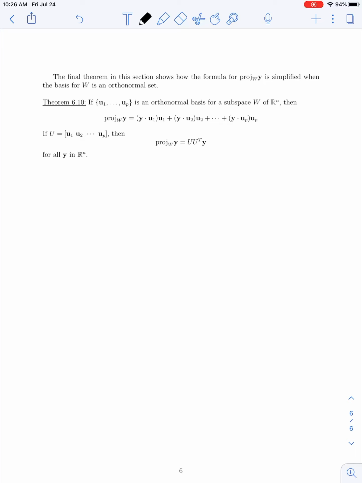Now, the last theorem in this section really just illustrates how our formula for the orthogonal projection of y onto a subspace is simplified if our basis happens to be orthonormal.